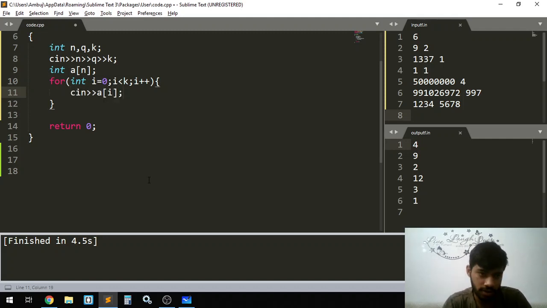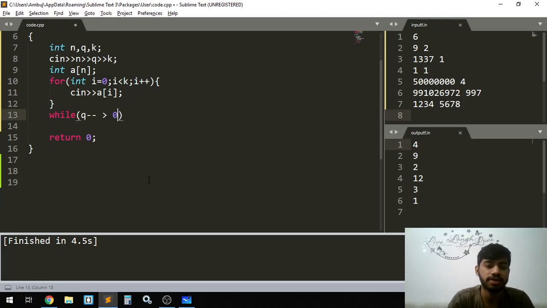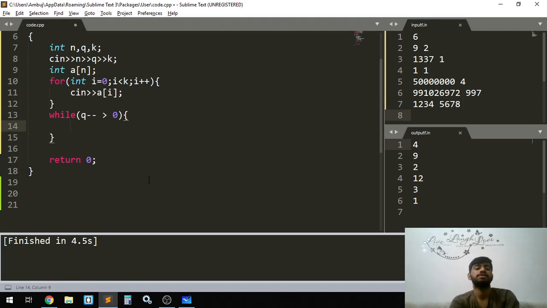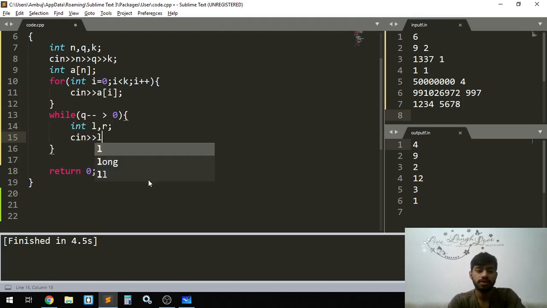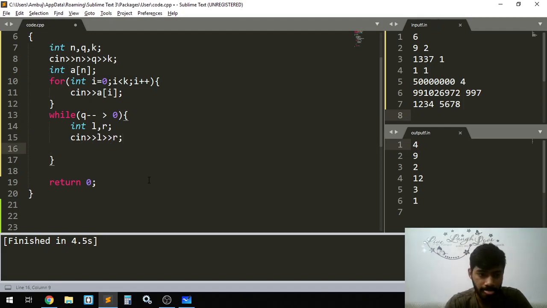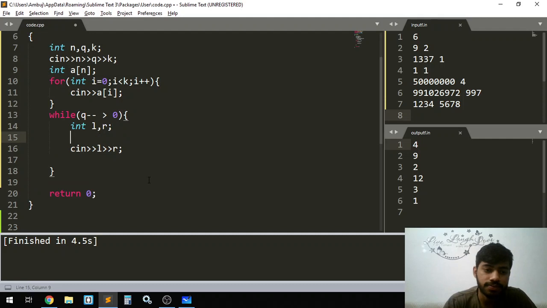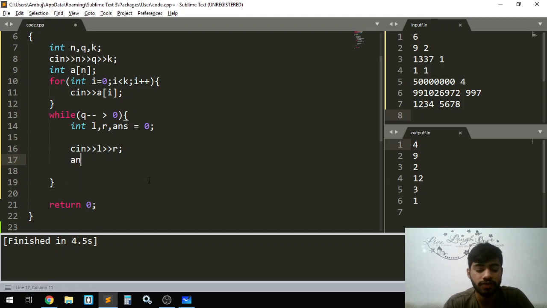This is the given array, and while the number of queries is greater than 0, we input two elements, cin l and cin r. Now declare an answer equal to 0.